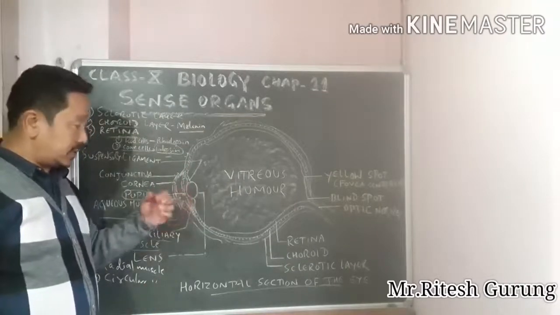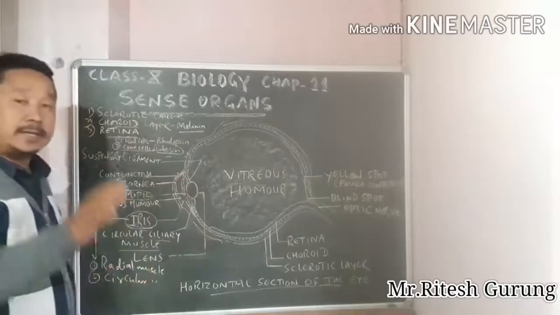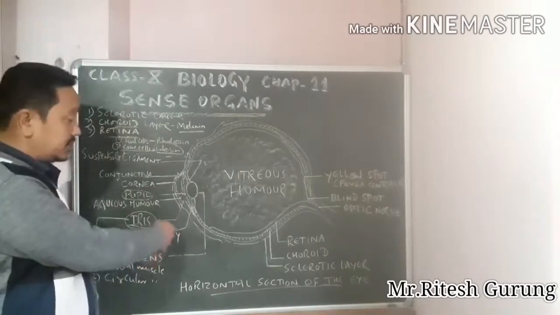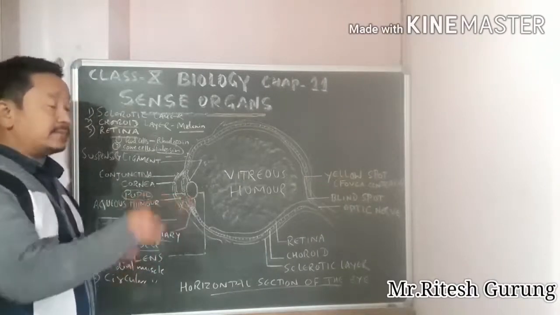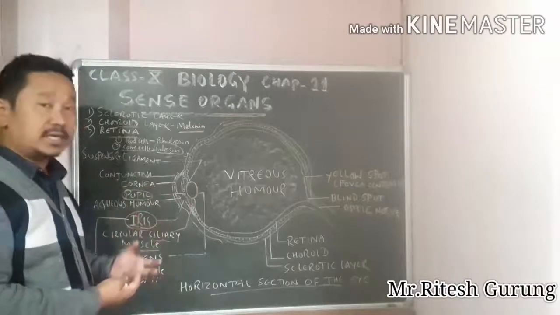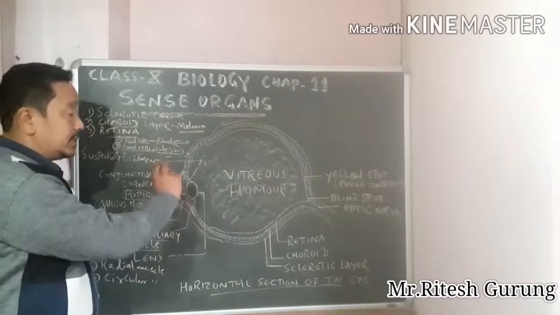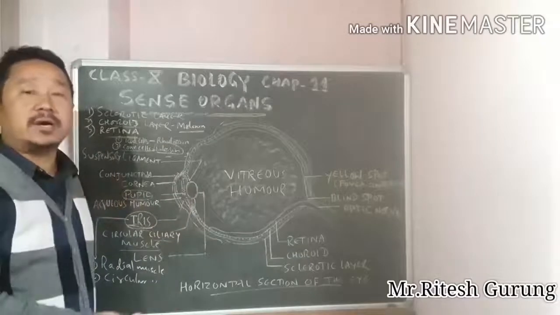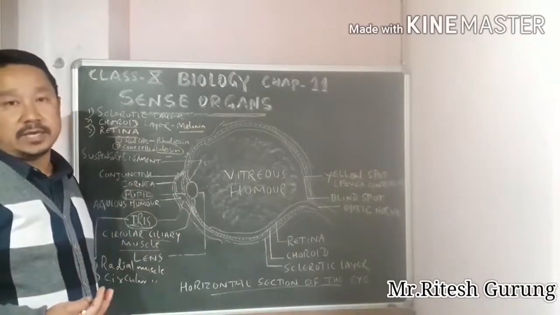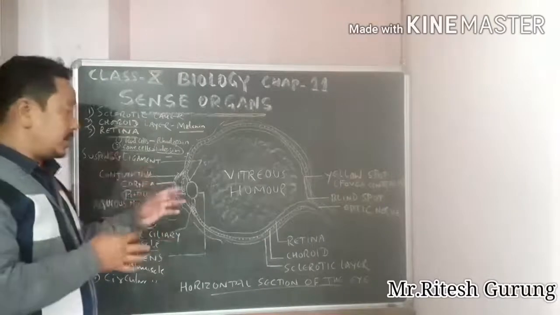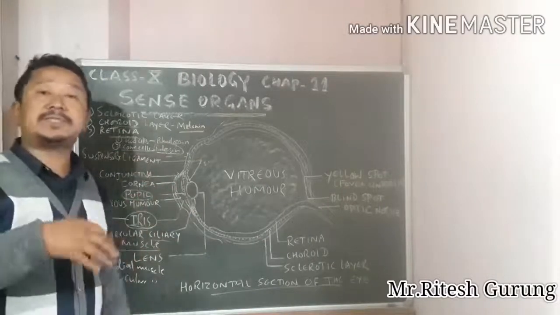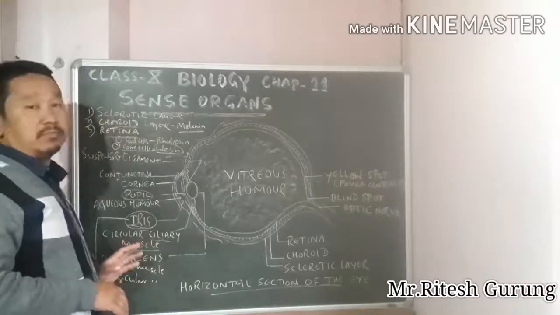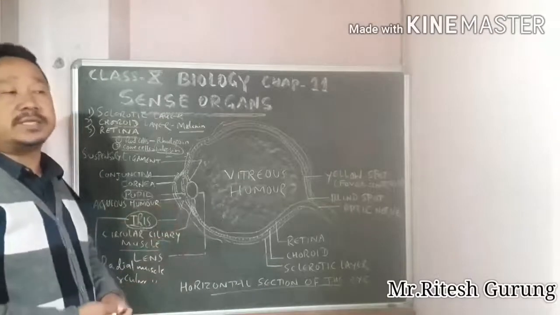This lens keeps changing its shape under the regulation of the ciliary muscle itself. That means the ciliary muscle, which you see here, sometimes contracts and relaxes in order to change the shape of the lens so that we can see objects at different distances.